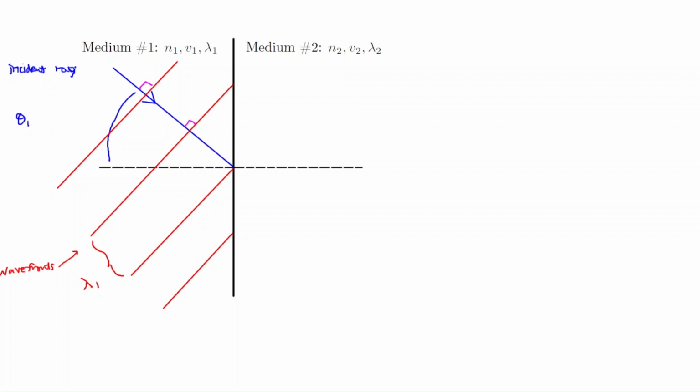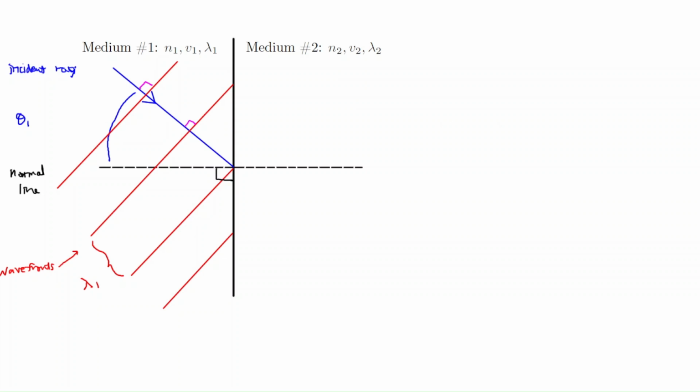The horizontal dashed black line is something we call the normal line, and that is perpendicular to the surface. Maybe you've heard of something called a normal force before. That's perpendicular to a surface. This isn't a force, it's just a geometric thing. It's perpendicular to the surface.